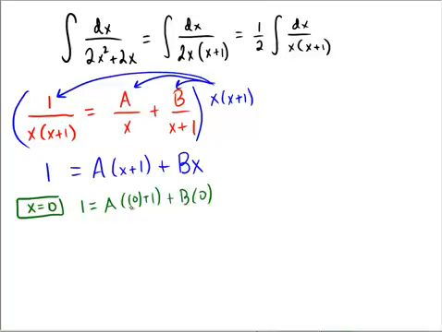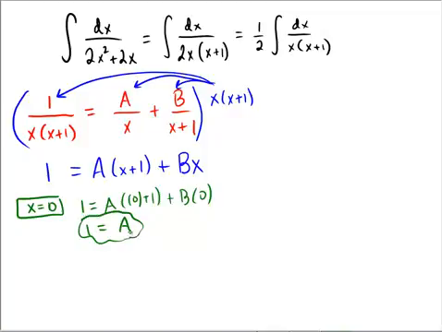Right? Now 0 plus 1 is 1, and 1 times a is a, so that's just an a. B times 0 is of course 0, so what are we getting? But 1 equals a.